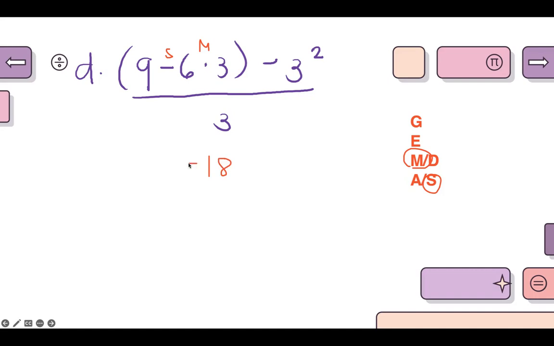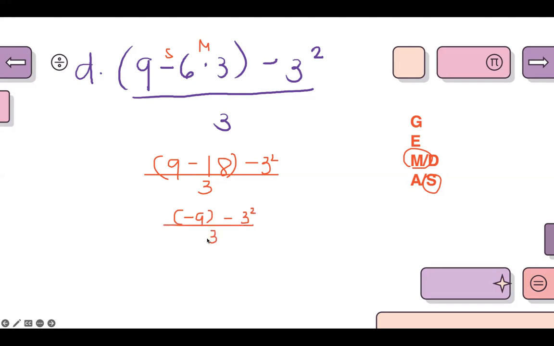So let us write the remaining number. Okay, so again, we still have grouping symbol here. 9 minus 18, that is -9. Then let's rewrite the remaining numbers.